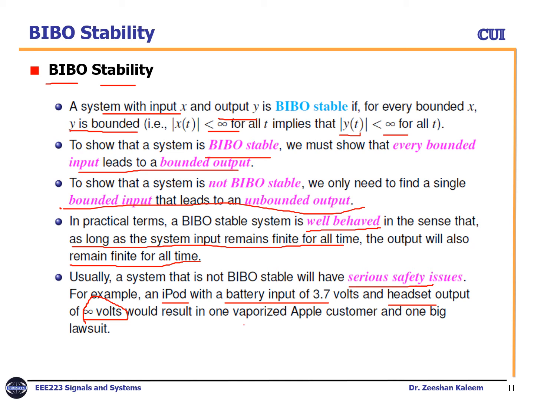You will be vaporized, and the Apple customer will file one big lawsuit, so there will be a case against you as well. So with a bounded input, if you give 3.7 volts and you get the desired voltage, it means the system is stable. Otherwise, it's unstable, and you will have some damage.